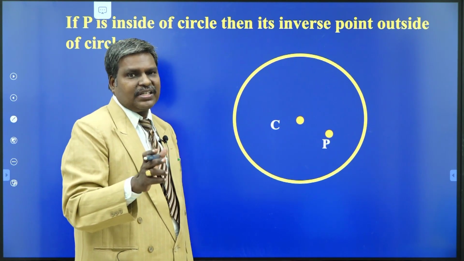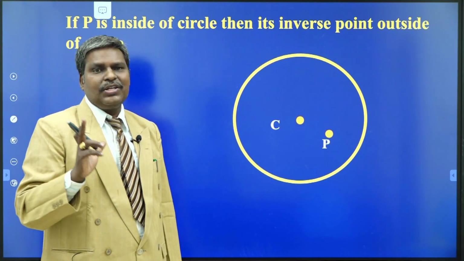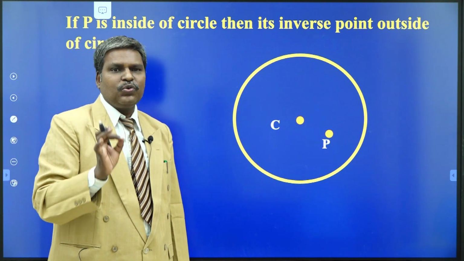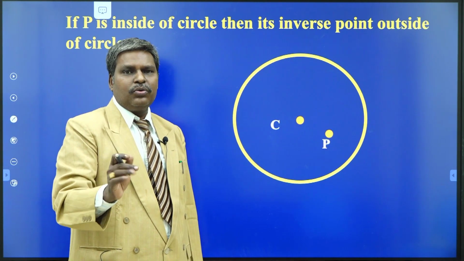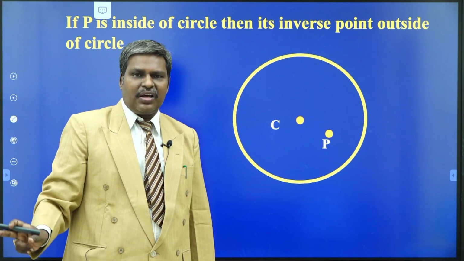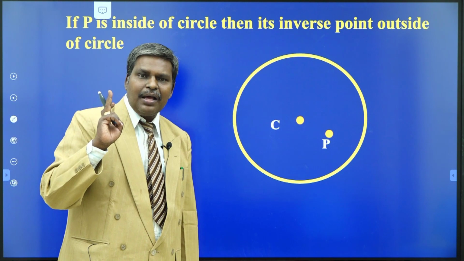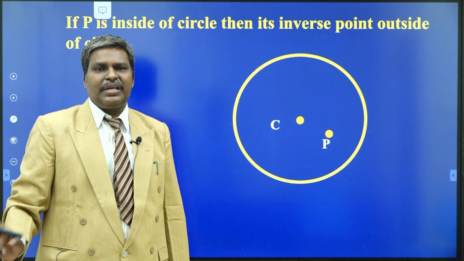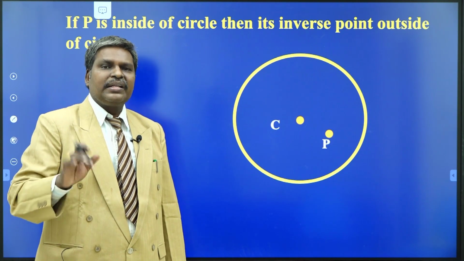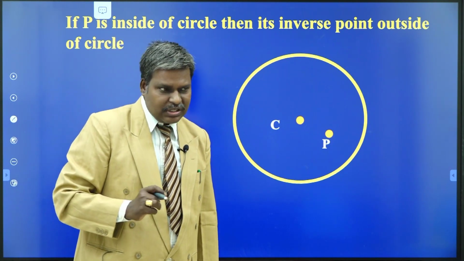That is the point of intersection of polar of P and line joining of CP. Suppose if you want to find the inverse point of some point with respect to a circle, what you have to do? You do two things. Find the polar of P. Listen carefully. Find the polar of P and then find the equation of line joining of CP. Solve them. You get some point. That is your inverse point of P with respect to the circle.